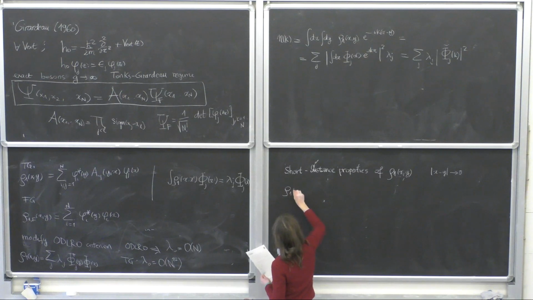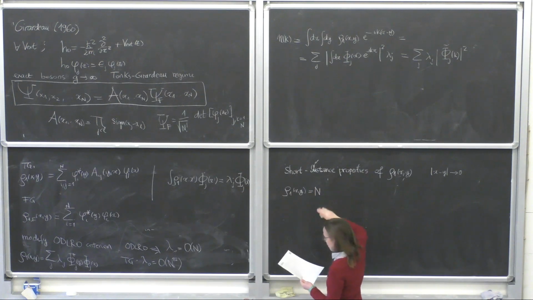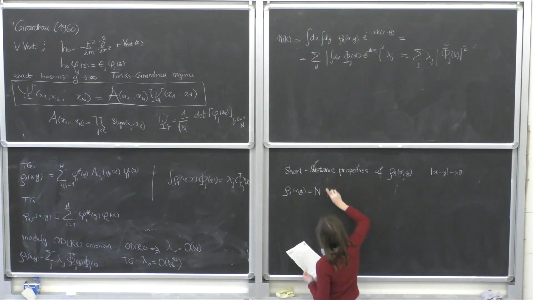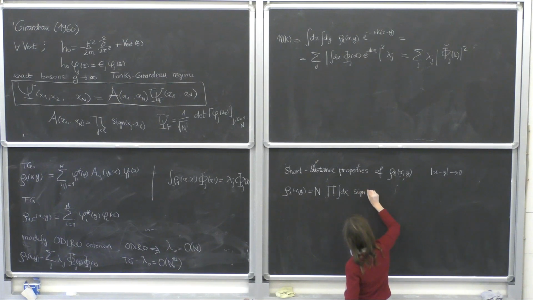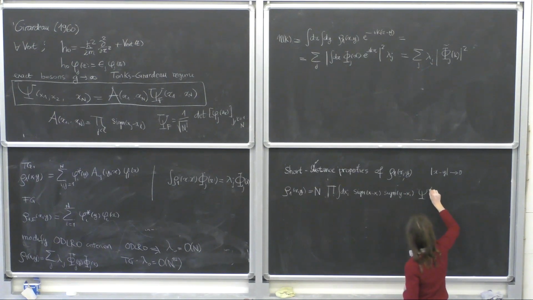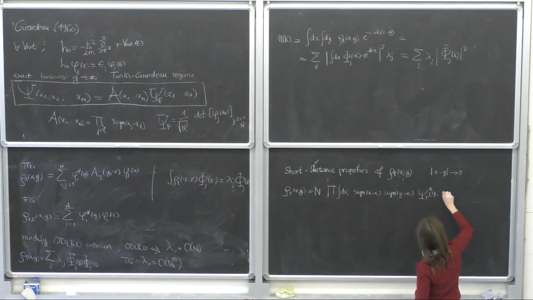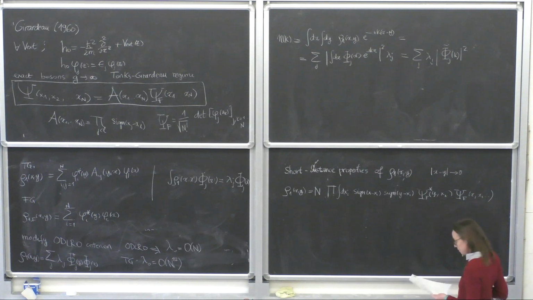So the one-body density matrix was written in terms of the fermionic wave function, like that: the product of the integral in the xi, and then we had these sign functions, x minus xi, y minus xi, and then the fermionic wave functions, y, xi, and x, xi.